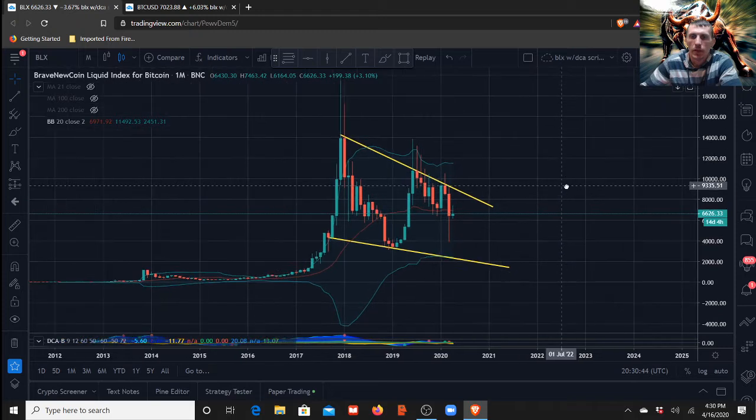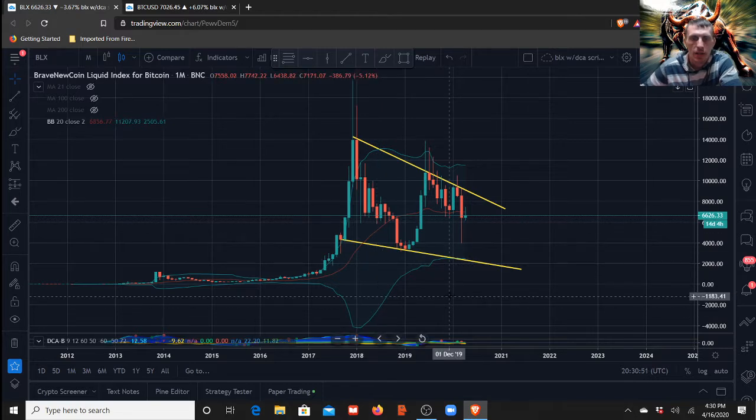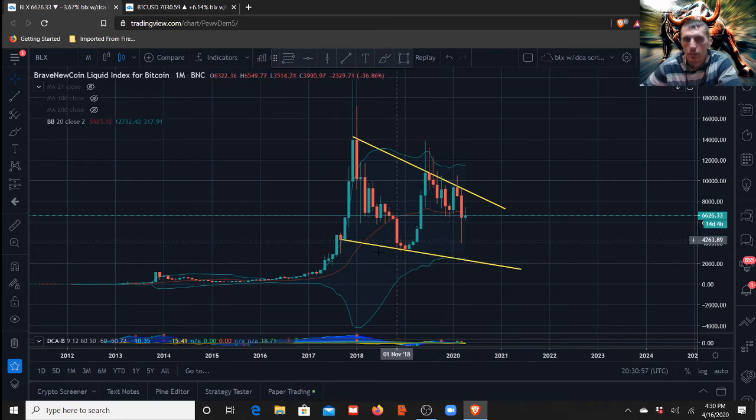This is a bull flag on the monthly. This is BLX, Brave New Coin Index. I use this looking at my overall long-term stuff. Any historical data, it usually has as far back as you can go.